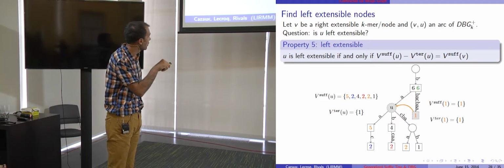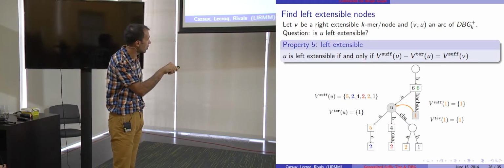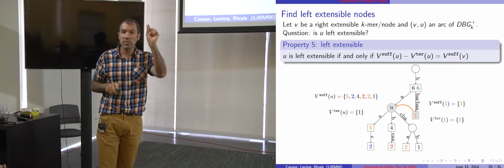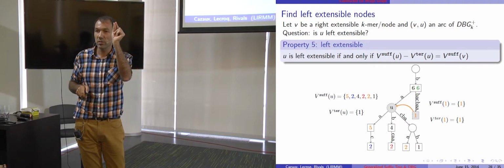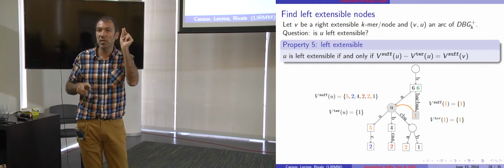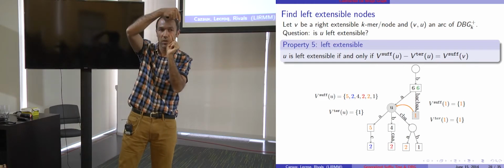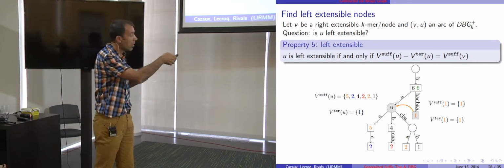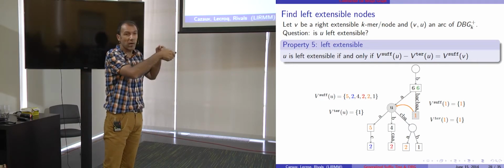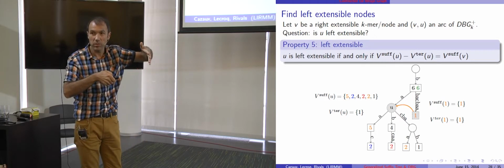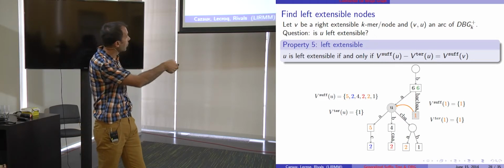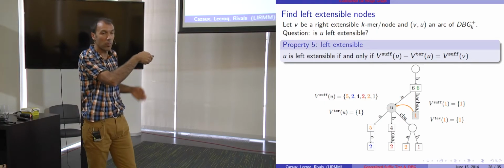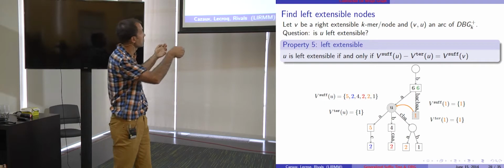Okay, 4, 5, 2, 2, 2 of different colors, and a 1. The 1 is a terminal node because it is a starting suffix of one of the input words. Therefore, it has no predecessor in this word because it is a start. And therefore, for this number, we are not expected to have an edge coming in on this node. But for all the others, okay, we have to know where they come from. Where are the ancestors in the tree?